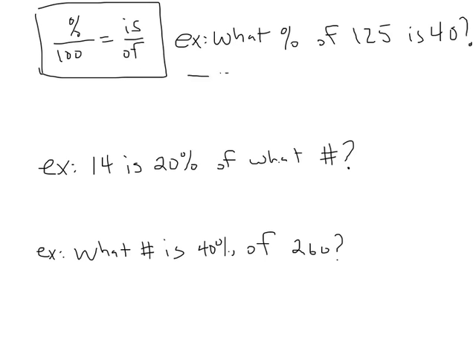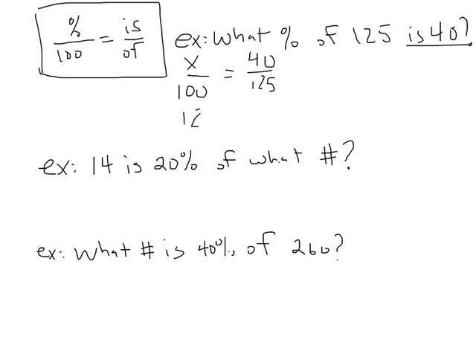We're just going to set up this proportion, where this is always 100. It says what percent. We don't know the percent, so the percent is our unknown. We'll call it x. Is 40, and of is 125. And then we just cross multiply.